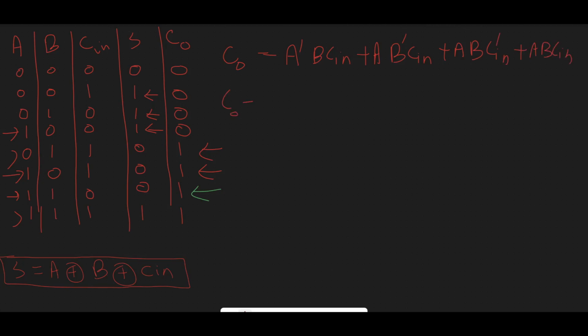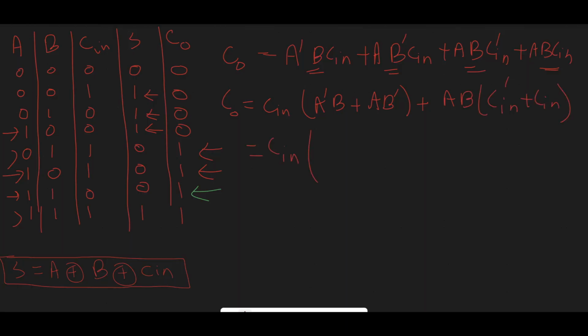Now C0 will be equal to, from the first two terms we can take Cn common, so we'll have A prime B plus A B prime, and then the last two terms we can take AB common, we'll have Cn prime plus Cn.